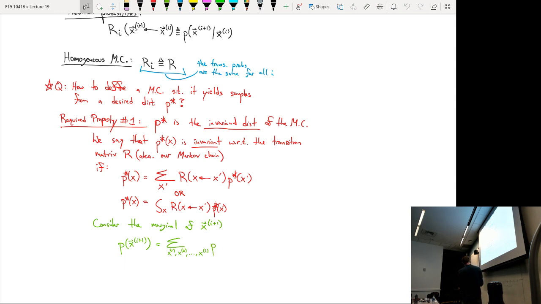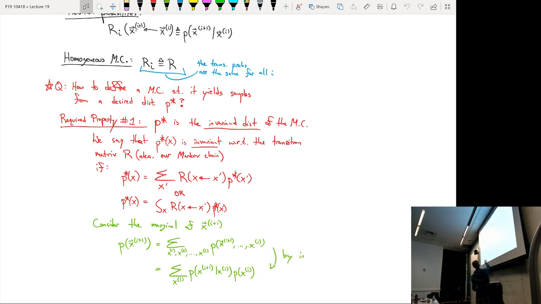Well, that marginal probability, summing over all of these, is actually equal to a sum over just x_i of p of x_{i+1} given x_i times p of x_i. And this is true just by induction on this summation.